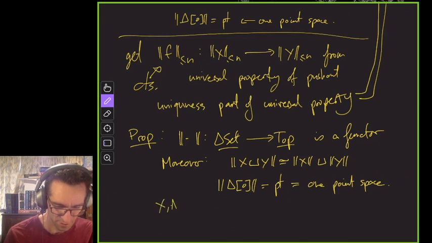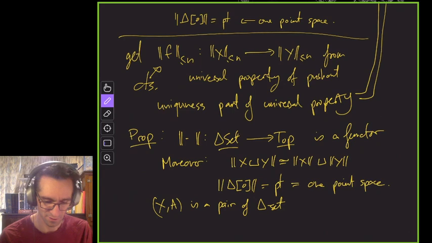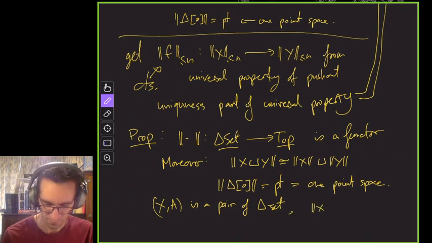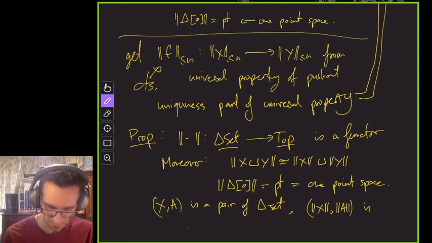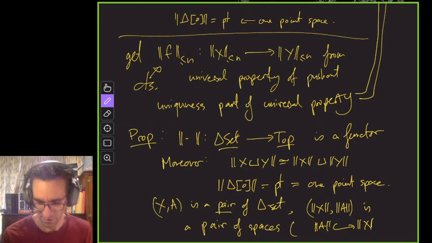If (X, A) is a pair in the technical sense of delta sets, so A is a sub-delta set of X, we get a pair of spaces. What does that mean? It means that the injective function here is a subspace embedding.